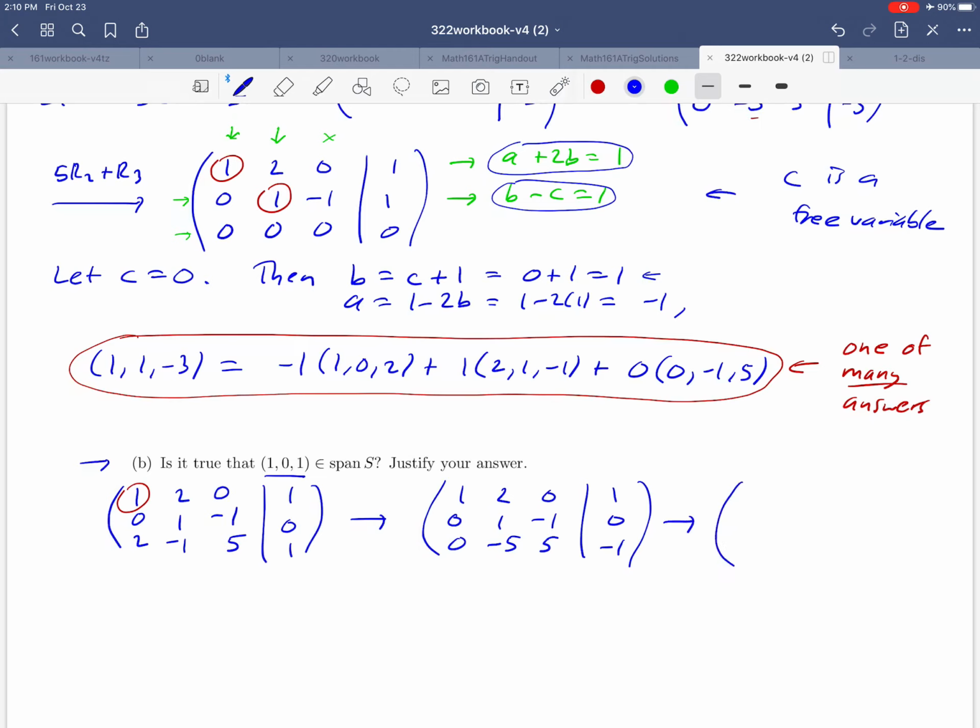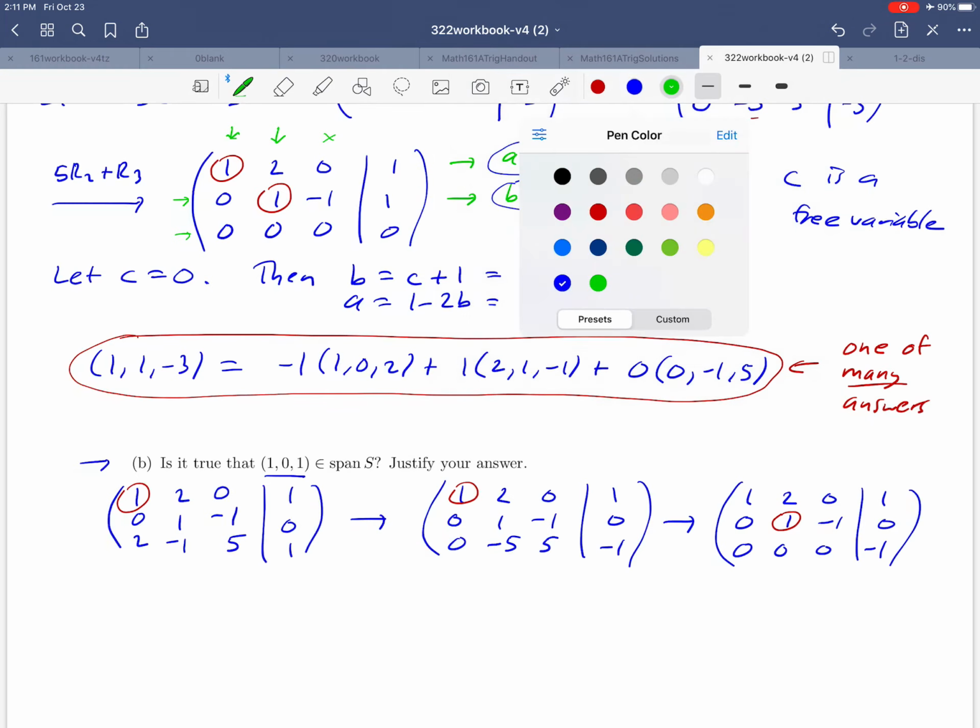Then, recopying the first two rows and circling my pivot positions, we'd like to get a 0 below that pivot position. We'll take 5 times R2 plus R3, just like we did above, and we get 0, 0, negative 1 this time. There's our echelon form, and the question again is, does that system have a solution?